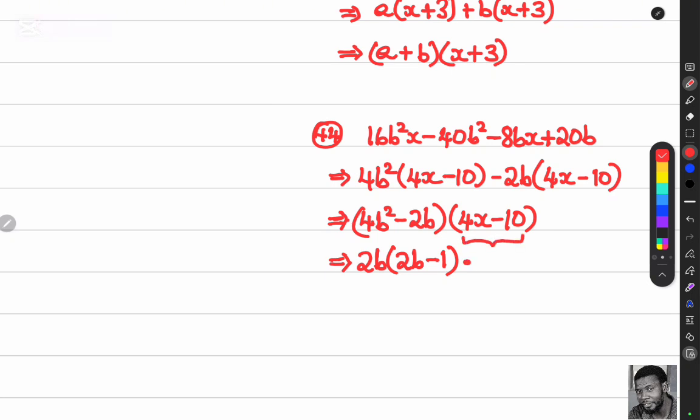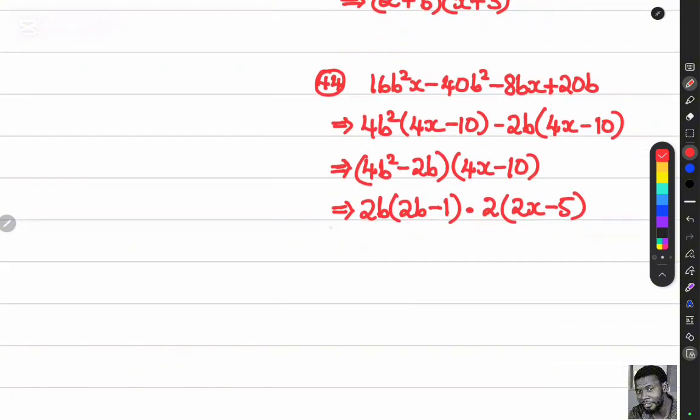Here we can factor out 2, only 2. So it will factor out 2 and be left with 2x minus 5. So we'll have to multiply these ones which are outside. As we conclude, that will be 4b into 2b minus 1 and 2x minus 5.